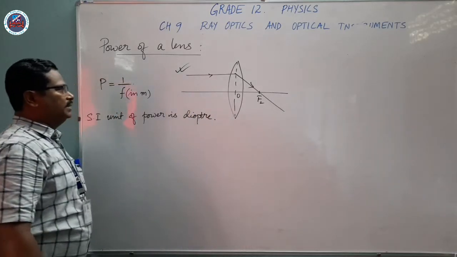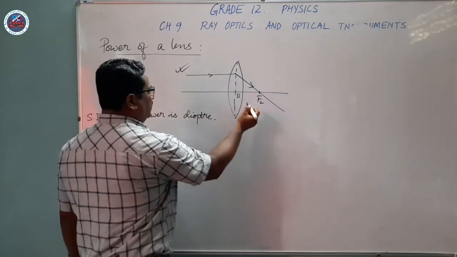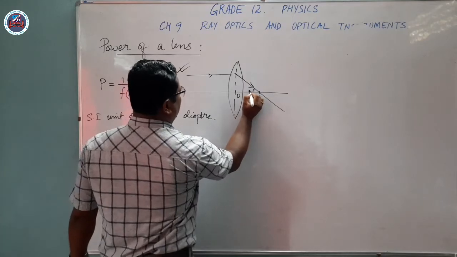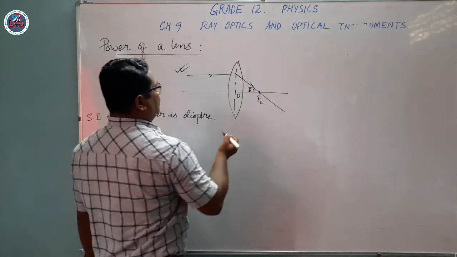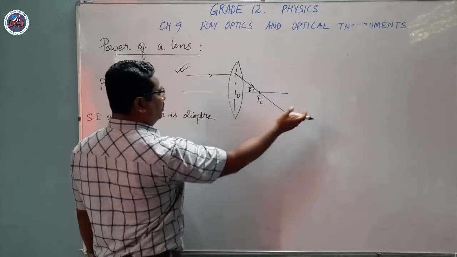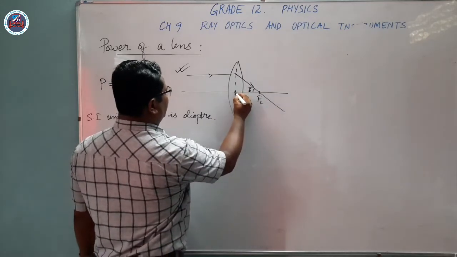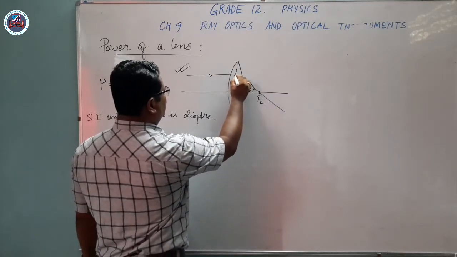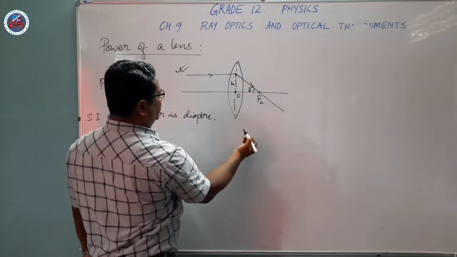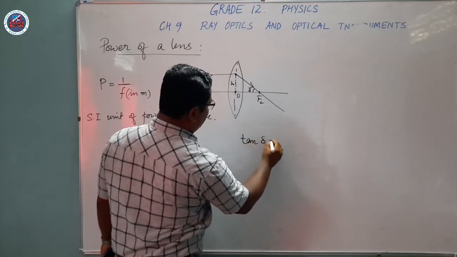Now how we can define it? Let us see. Power of a lens is defined as the tangent of the angle that is made by the light ray while converging or while diverging in case of concave lens, if the ray has struck exactly at a unit distance from the optical center. We define like this: tan theta, or here it is tan del.